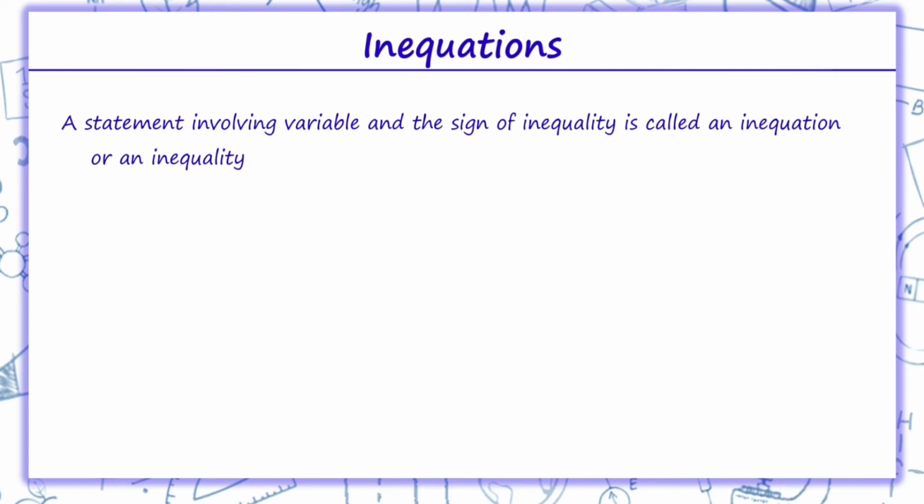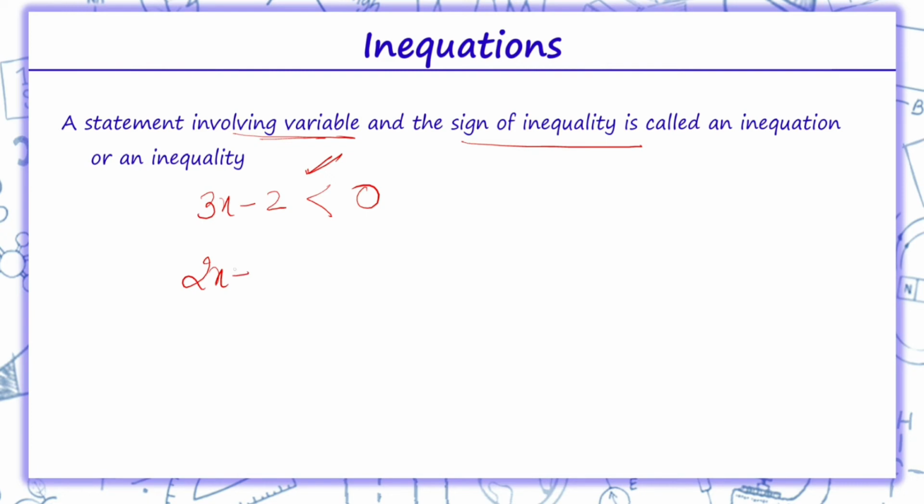Coming on to inequations, a statement involving a variable and a sign of inequality is called an inequation or inequality. Like I am writing 3x minus 2 is smaller than 0. Since the sign of inequality is there, we call it an inequation. Since only one variable is involved, this is a linear inequation in one variable.